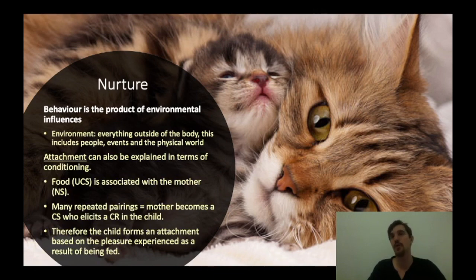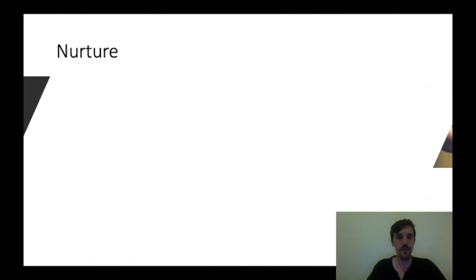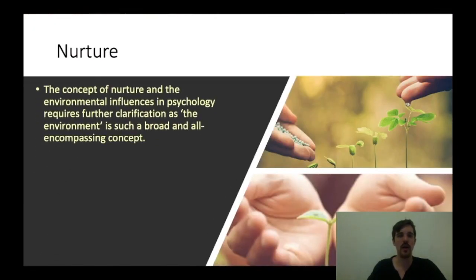When you pair these together through many repeated pairings, the mother becomes what the baby is focused on, and the baby associates the mother as the source of food, and therefore an attachment evolves through classical and operant conditioning. So the child forms this attachment based on the pleasure of being fed. So again, nurture.